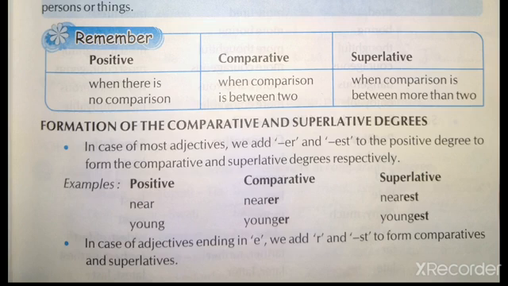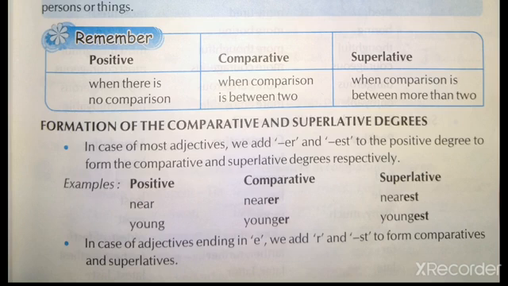Examples: positive degree near, comparative nearer and superlative nearest. The positive degree young, comparative is younger and superlative youngest.